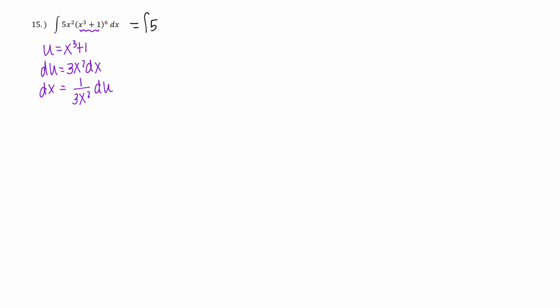So I have the integral of 5x squared u to the 6th times 1 over 3x squared du. The x squareds will cancel. I'm going to bring the 5/3 out front. u to the 6th du.